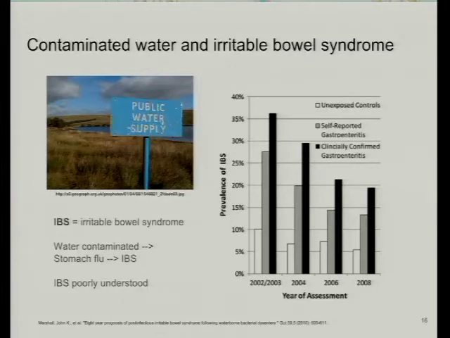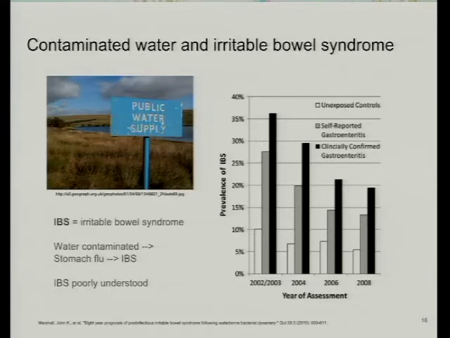And at the time, the pathogenesis of IBS was poorly understood. So what these researchers wanted to do was take this opportunity to study this prospectively. And so they did so, following these individuals in this town for a total of 8 years.